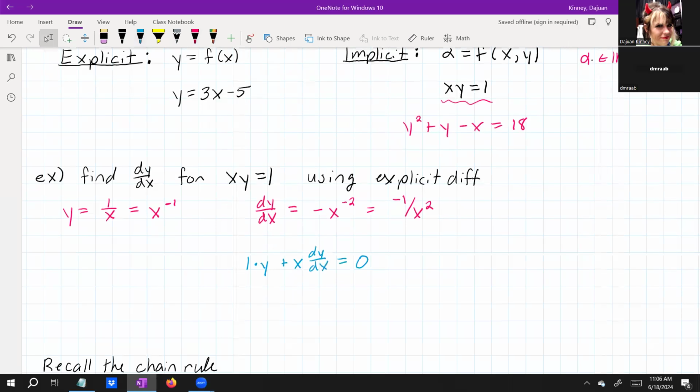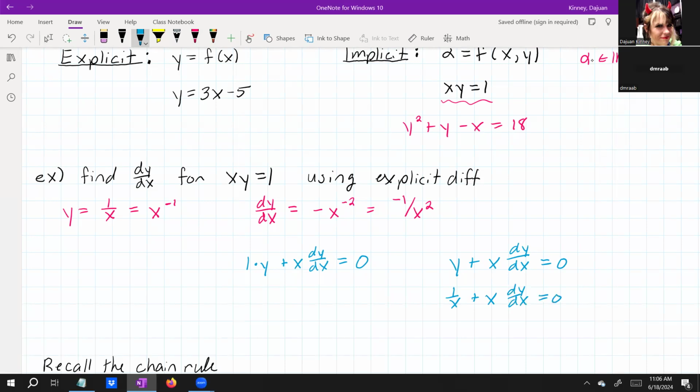Then I'm going to rewrite this a little bit. Y plus x dy over dx. And really, we have to use kind of what we have before to plug in for y, if we can. So that's going to give me 1 over x plus x dy/dx.